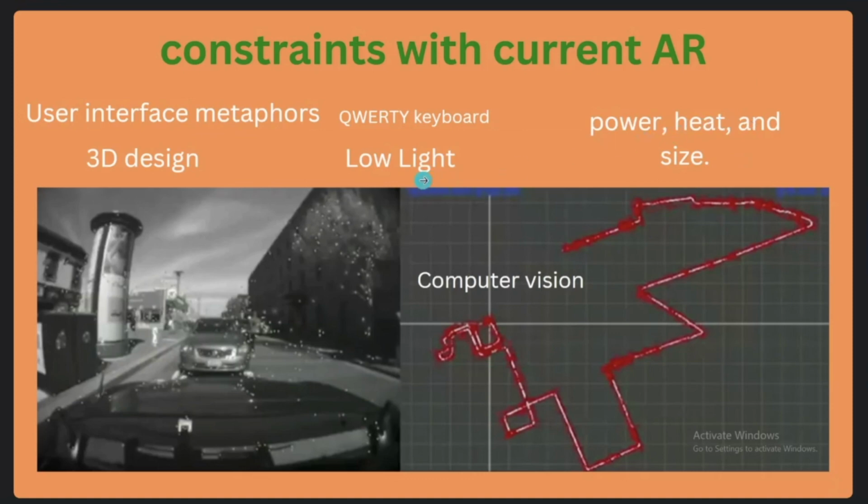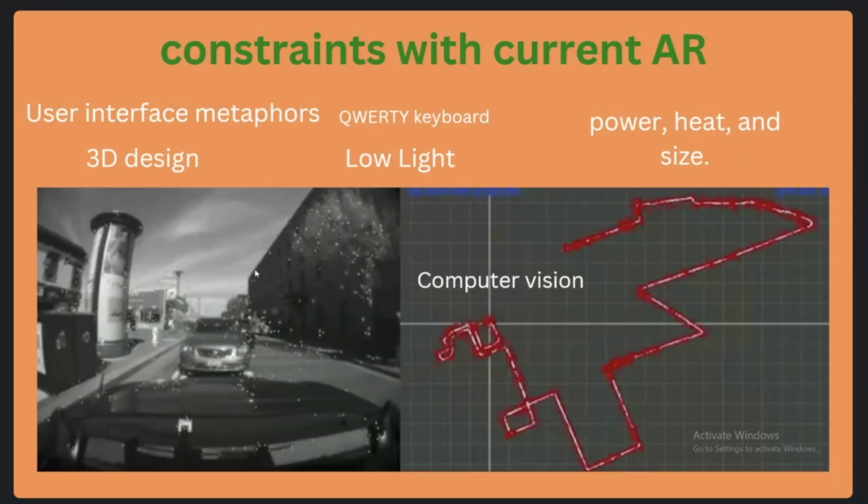And light: if there is no light or low light, then the user's AR experience will be very bad. And 3D designs: developers create 3D models, and whether those models fit in the augmented reality experience or not is one of the challenges AR is facing right now.